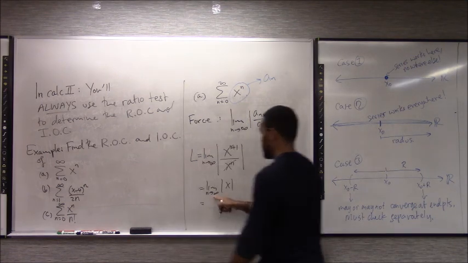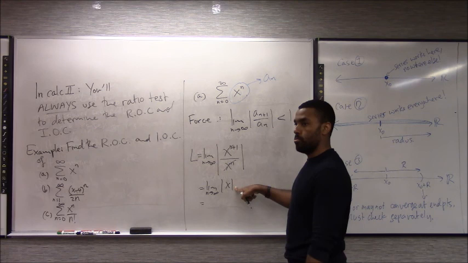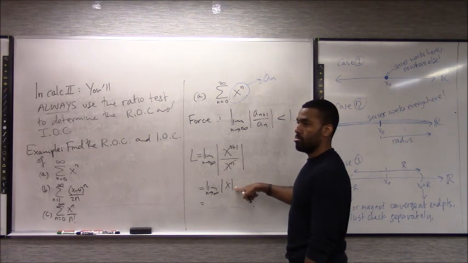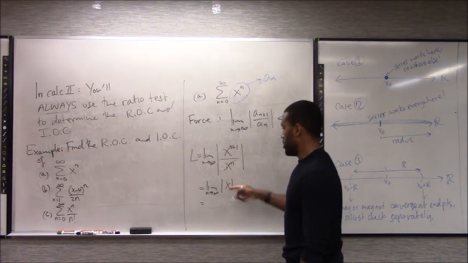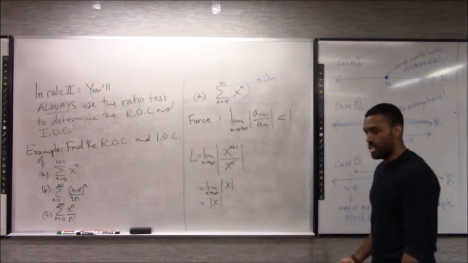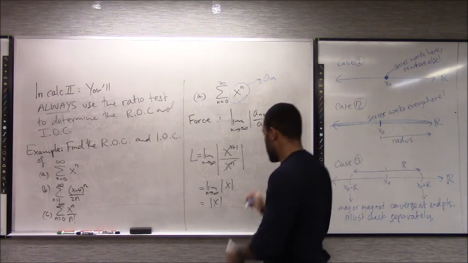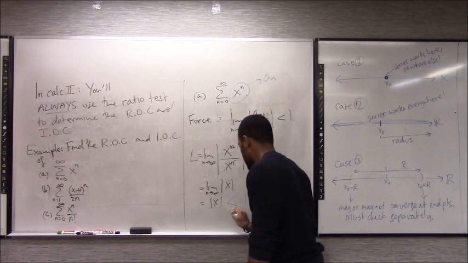Now, what's the limit as n approaches infinity of this? Infinity? No. It's just itself, right? There are no n's. So it's kind of like you're taking the limit of a constant. So what you're going to do is set this less than 1.